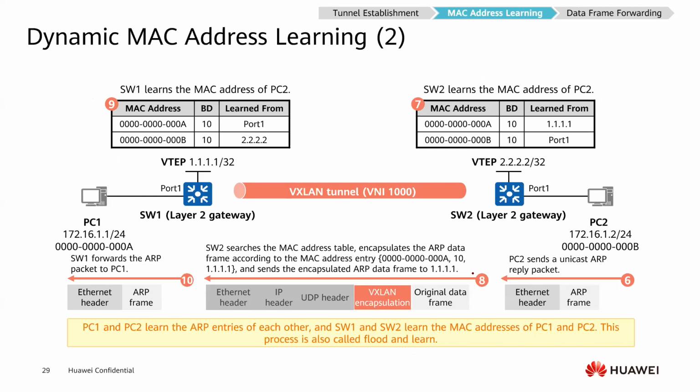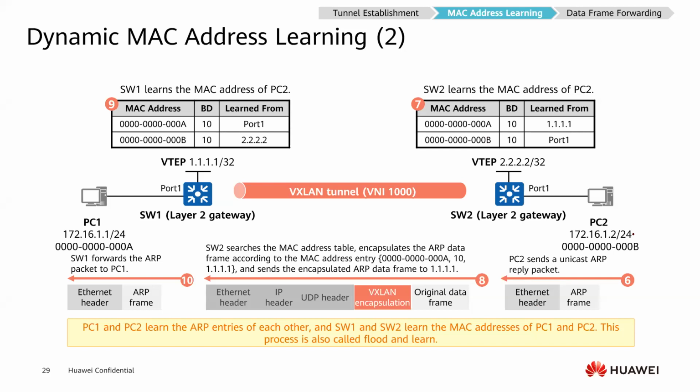And then PC2 has learned the ARP information about PC1, and now PC2 will send a unicast ARP reply packet to switch 2, all right? After receiving this frame, switch 2 will learn the MAC address about PC2, and now for this frame, it has a specific destination MAC address.